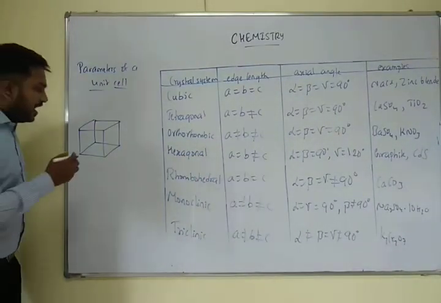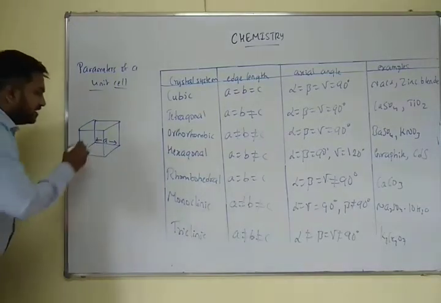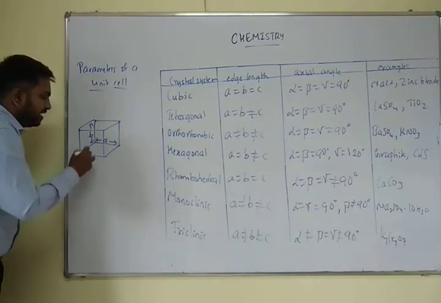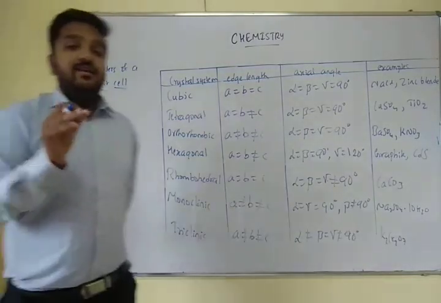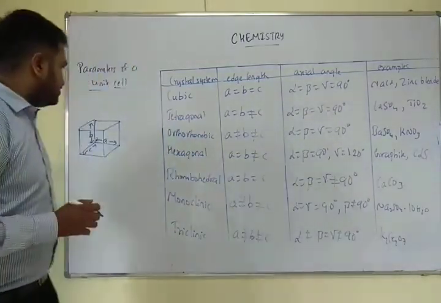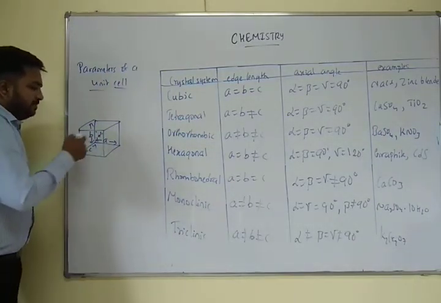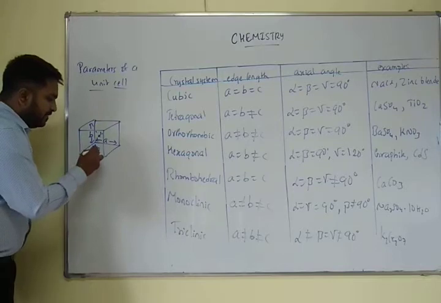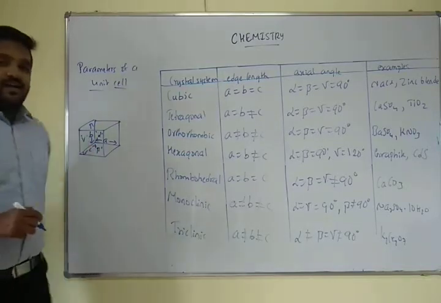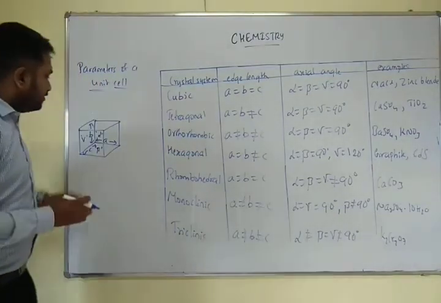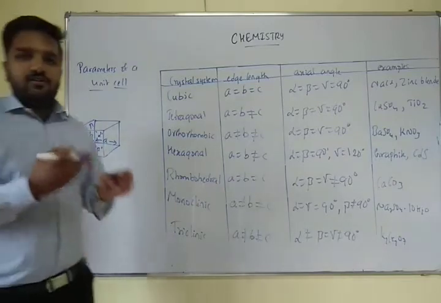So, in this case we have the 3 edges, A along this side, B along this side and C along this side. A, B and C are the edge lengths of a unit cell, and the angles between them are alpha between A and B, beta between A and C, and gamma between B and C. So, if we vary these 6 parameters, we will get different crystals.